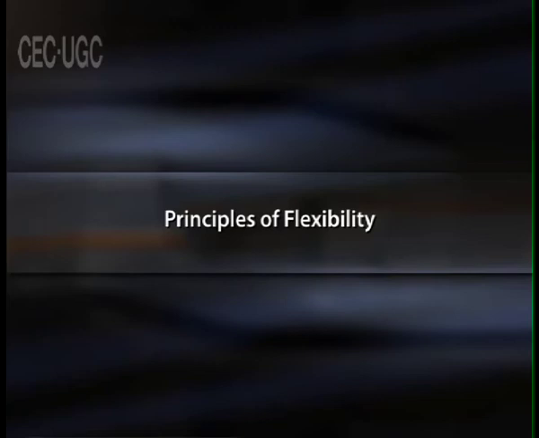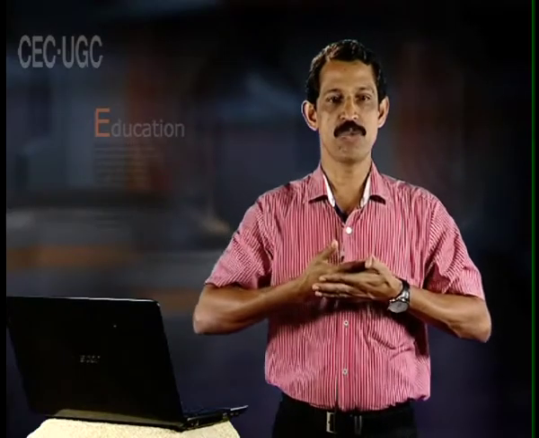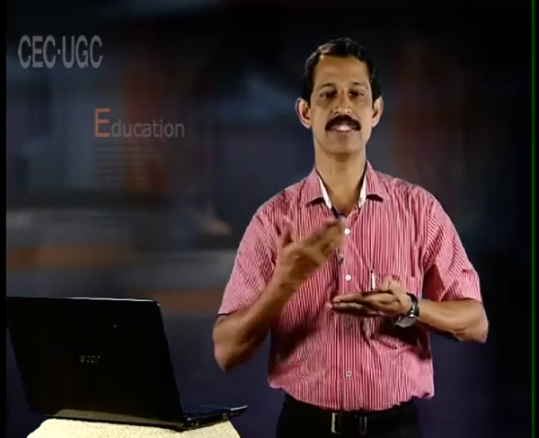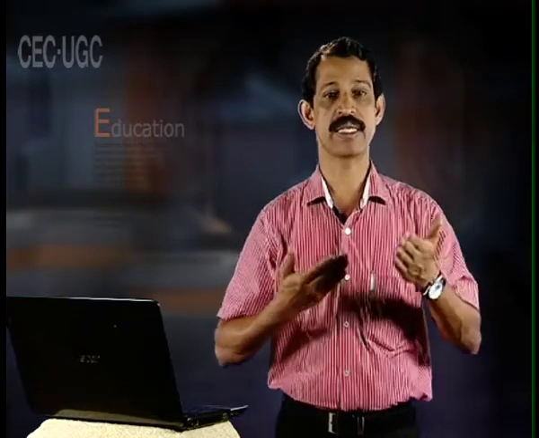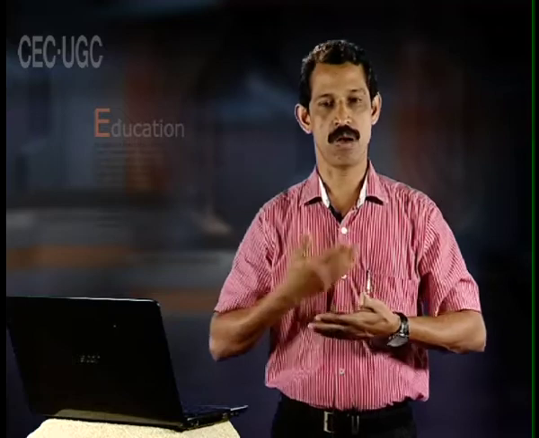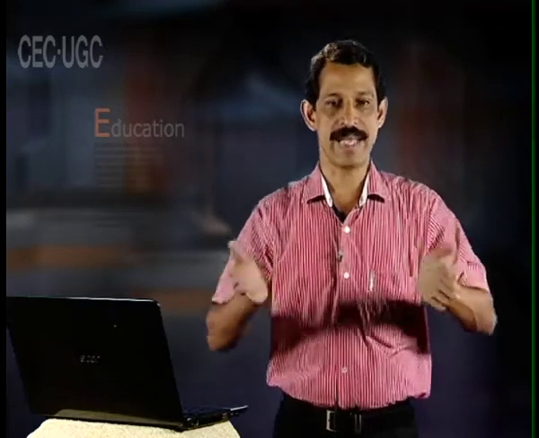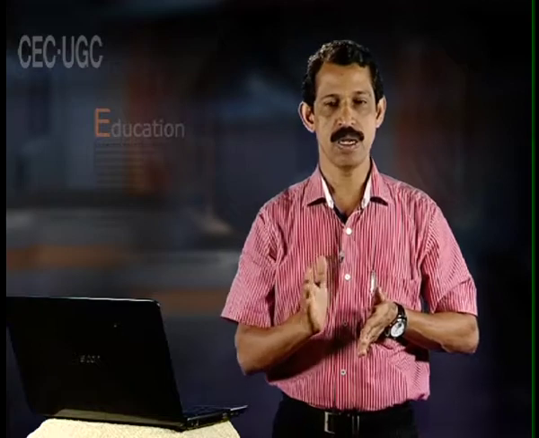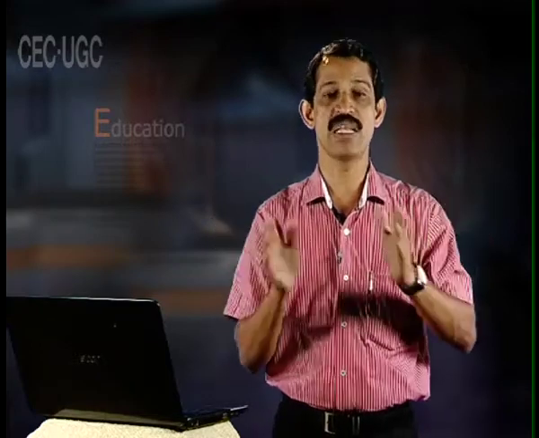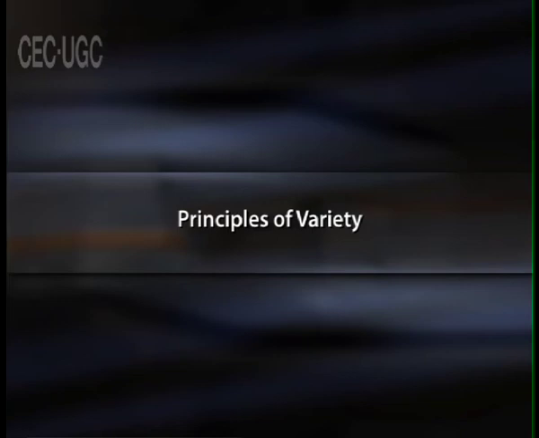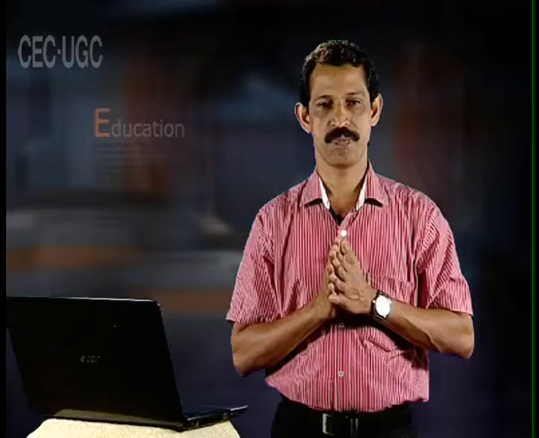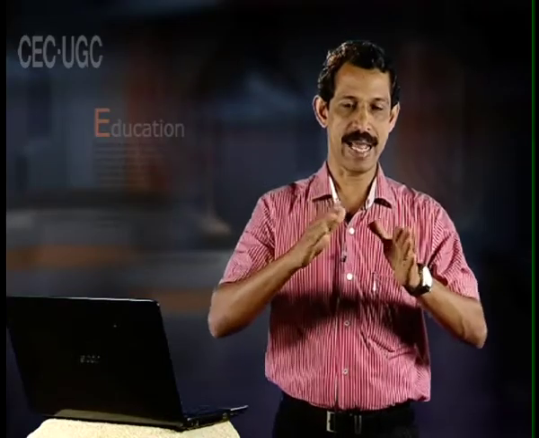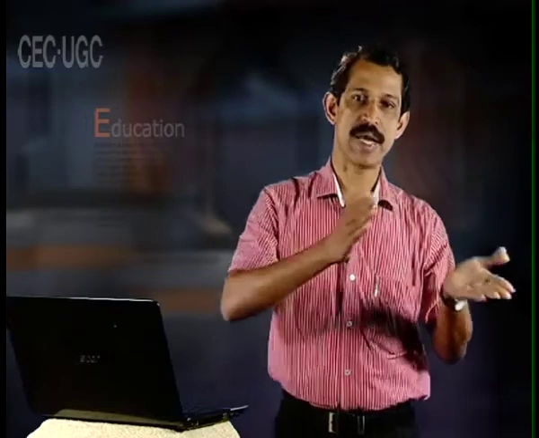Principles of flexibility. A school timetable should be flexible enough to make adjustments and revisions in case of emergency. Only a flexible timetable can ensure smooth functioning of school. A timetable should have scope of review and improvement as well. Principles of variety. The timetable should be prepared abiding by the principles of variety.